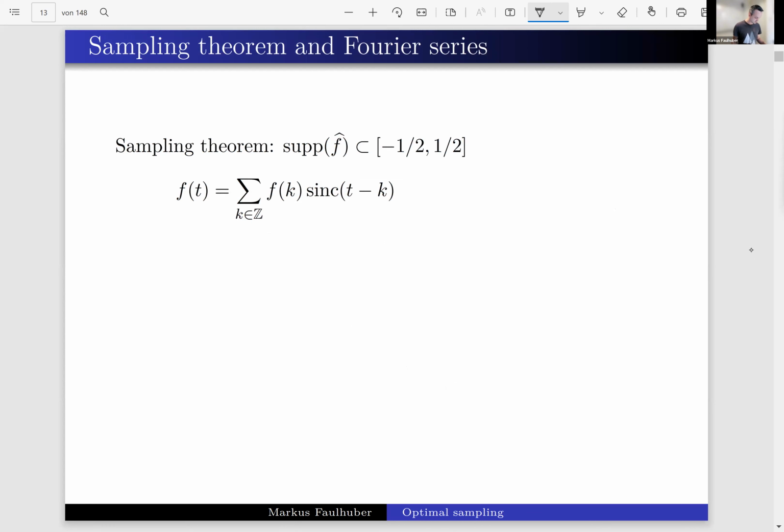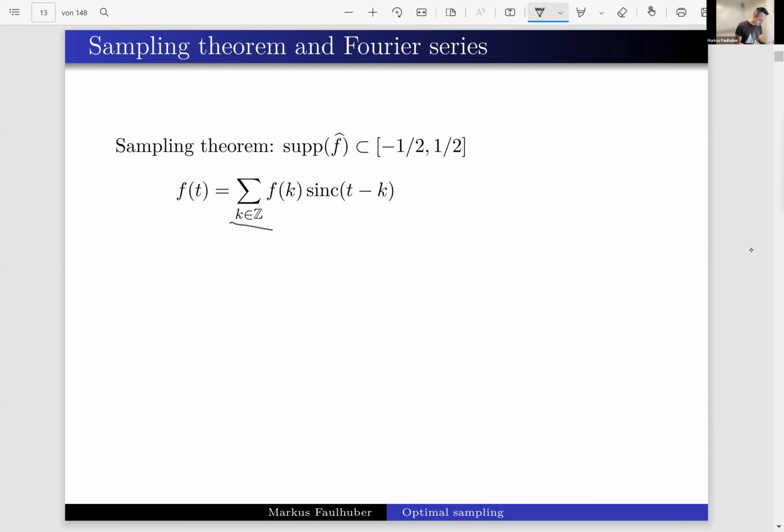Okay, the classical sampling theorem, without any assumptions now on F, it's just a formal statement: if you have a band-limited function, which means the support of the Fourier transform is in some compact interval, in this case we pick -1/2 to 1/2, then we can actually reconstruct the signal from its samples on the integers.